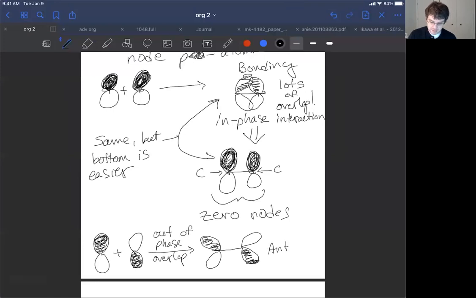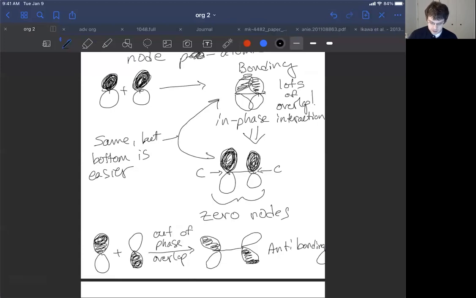This is an anti-bonding orbital. The orientation of the p orbitals that come together to form a molecular orbital is not productive for bonding because we don't have in-phase overlap of the atomic orbitals. And as a result, they're going to veer away from each other and not promote bonding. If we have to put electrons into this molecular orbital, we're not going to see a productive interaction of the two atoms, and a bond is not going to want to be formed.